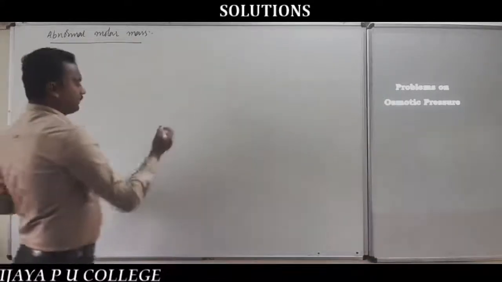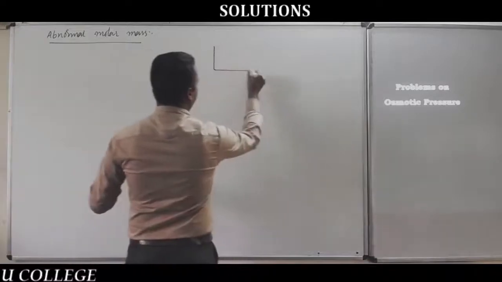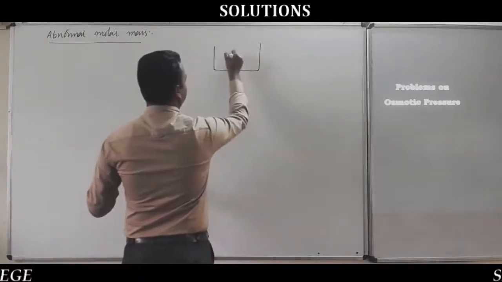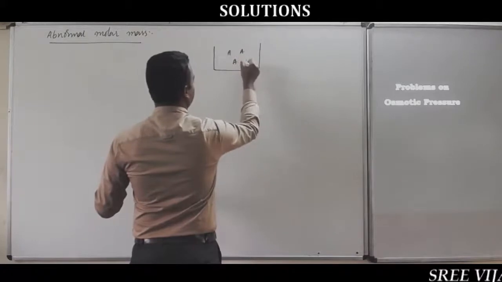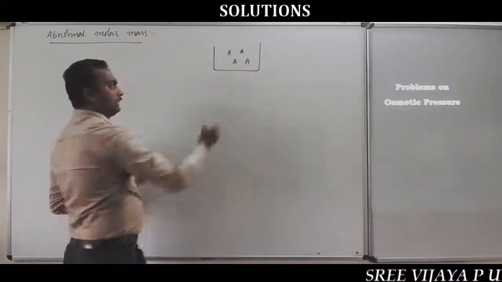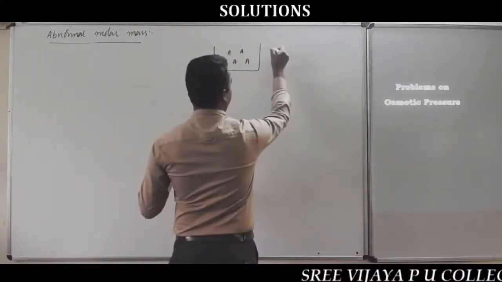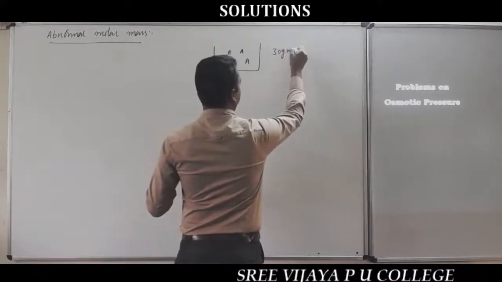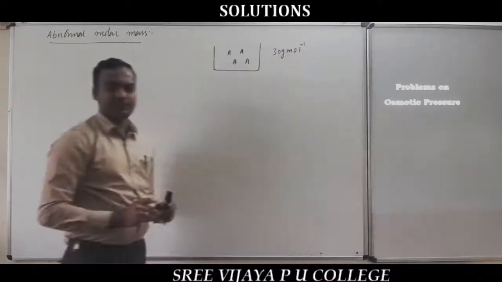So first, I am going to take a simple solute particle. Let me take A as the solute particle in the solution. So A has a molar mass, let me take 30 gram per mole, just for simple explanation.